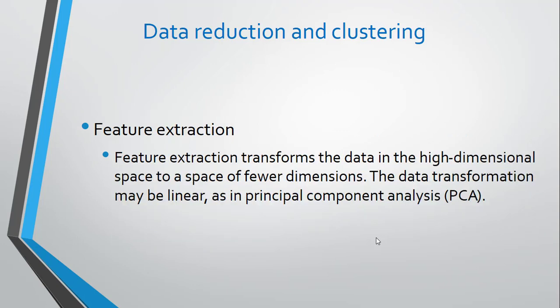Feature extraction, though, transforms the data in the high dimensional space to a space of fewer dimensions. The data transformation may be linear, as in principal component analysis, which we can cover next.